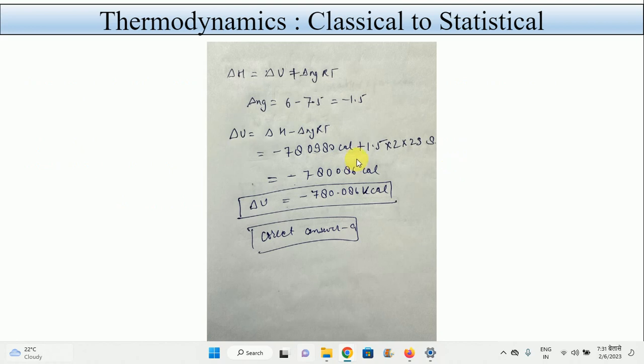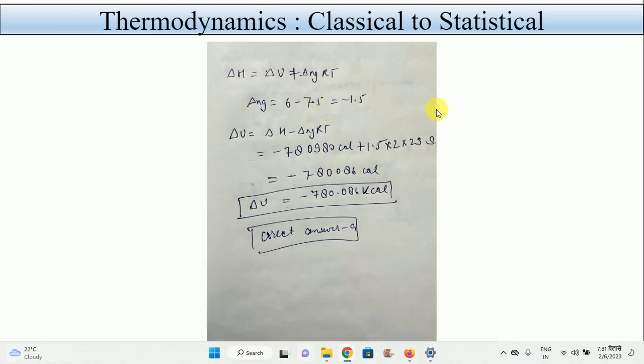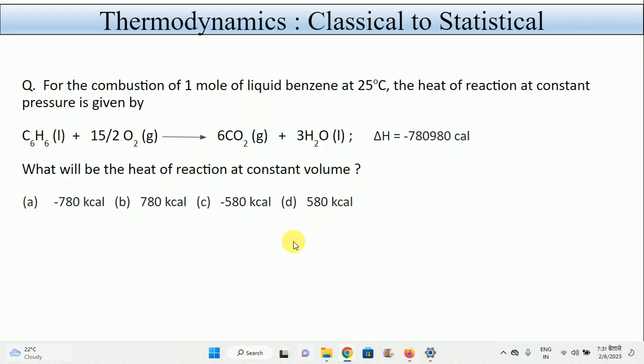So we put this value 2 here, and the temperature is 25 degrees Celsius, converted into Kelvin, 298 Kelvin. Solving this, we get the value in calories, and dividing it by 1000, we get kilocalorie, and the answer matches with A.